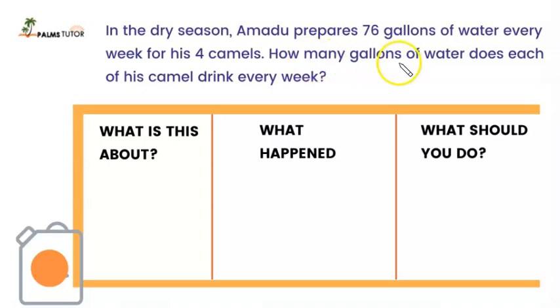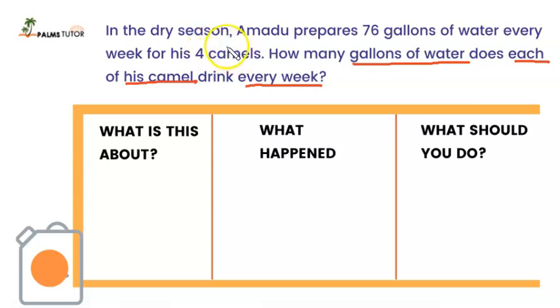How many gallons of water does each of his camels drink? Oh, somebody's camel is drinking water. Okay, so we want to know how many gallons of water does each of his camels drink every week. Let's see.